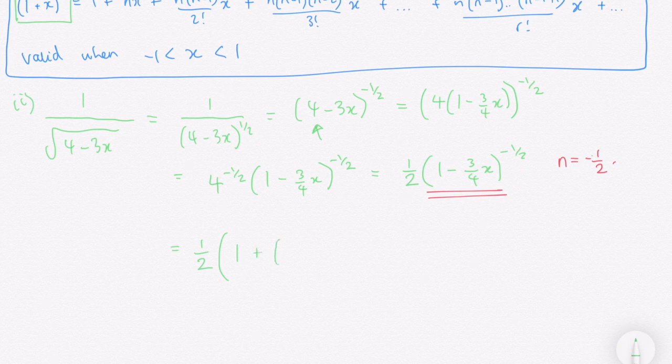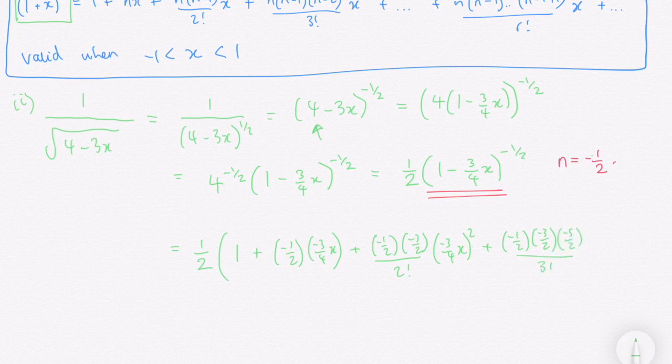So 1 plus minus a half of minus 3/4 x, plus n, so minus a half, n minus 1, which is minus 3/2, over 2 factorial lots of minus 3/4 of x all squared, plus minus a half, minus 3/2, minus 5/2, over 3 factorial lots of minus 3/4 of x all cubed, plus our remaining terms.